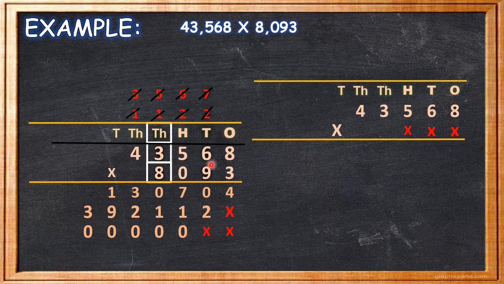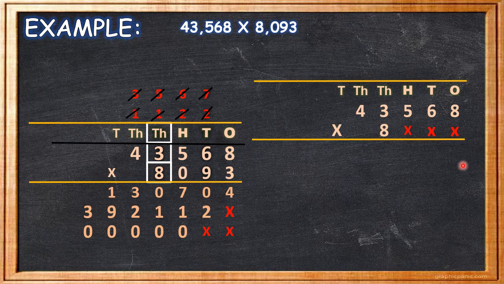So I have already copied the number and cross here because we are going to multiply from thousands place. Yes, children. So the digit which is in thousands place in the multiplicand, from that digit I am going to multiply all the digits of the multiplier. Yes, children.